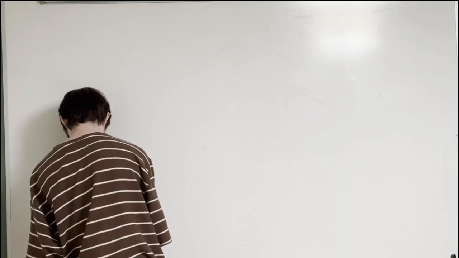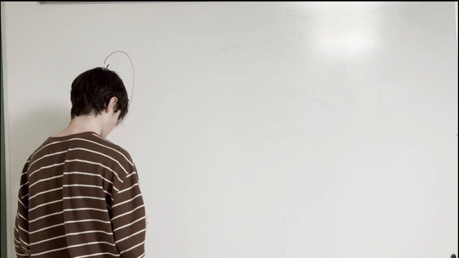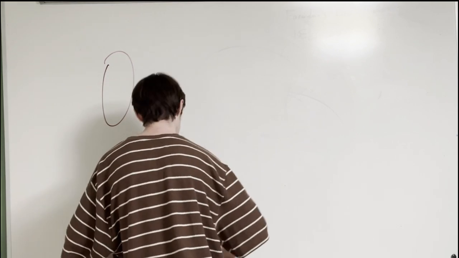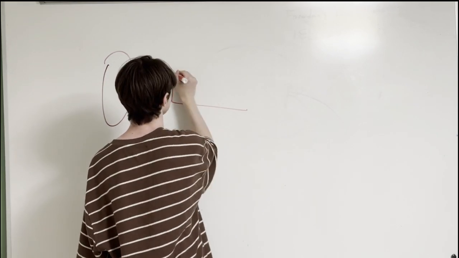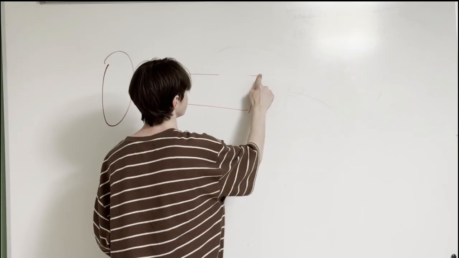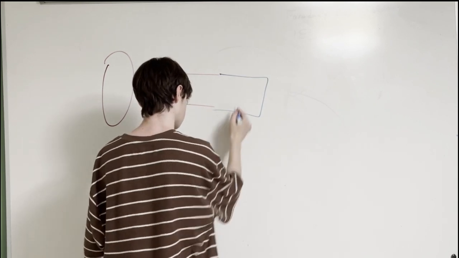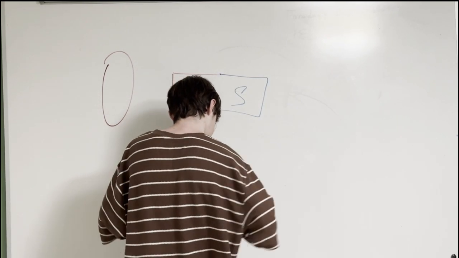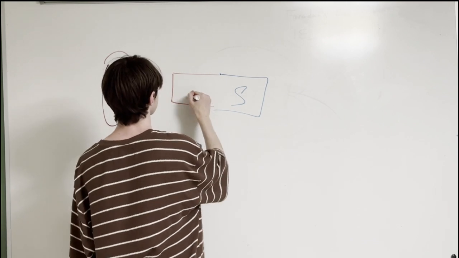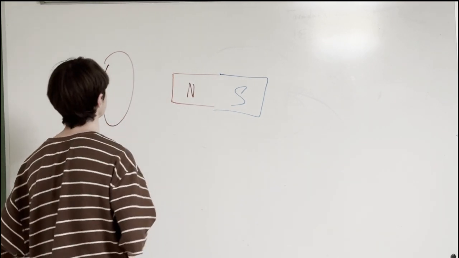So if we have this loop again, and then we have a magnet, just to make it pretty, I'll put the south as blue. And this magnet is moving towards the loop.